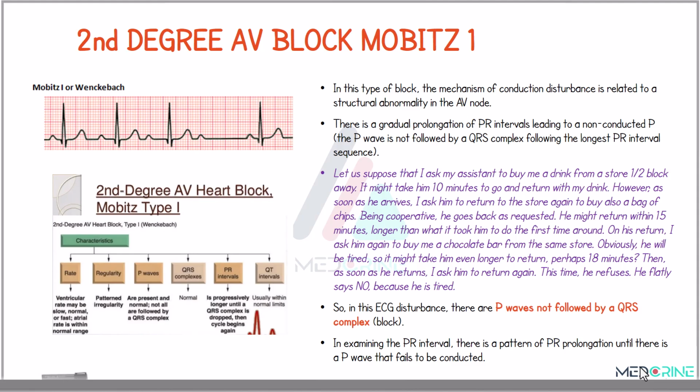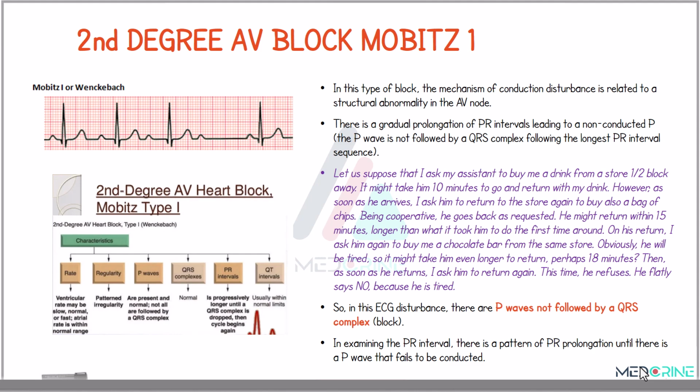The PR interval keeps on elongating until there is a failure of a P wave to be conducted. Some of the characteristics of a Mobitz I or second degree heart block type 1 is the ventricular rate may be slow, normal, or fast, and atrial rate is within the normal range. Remember, we're just having an AV node issue here.